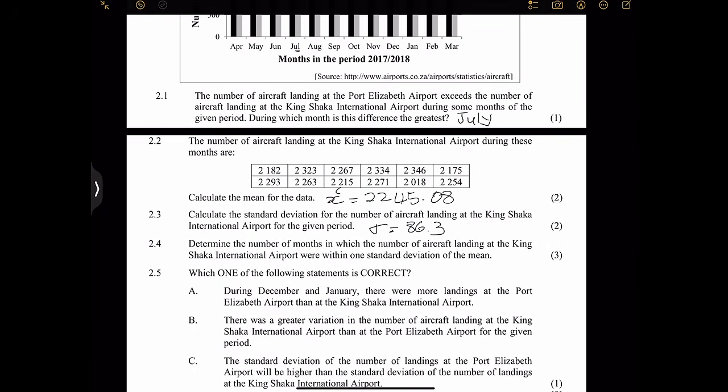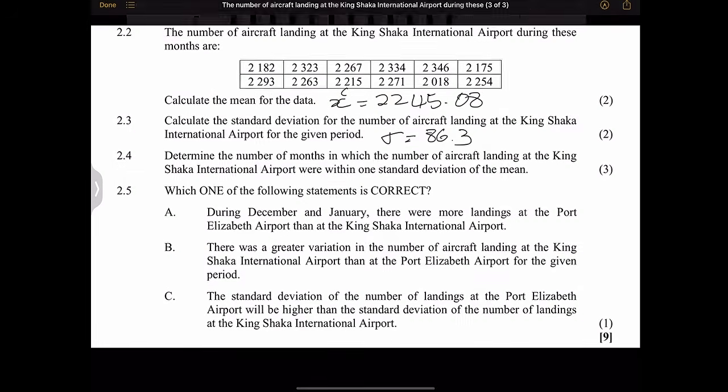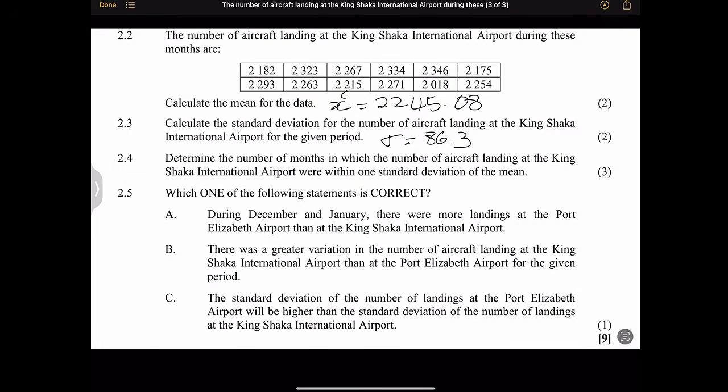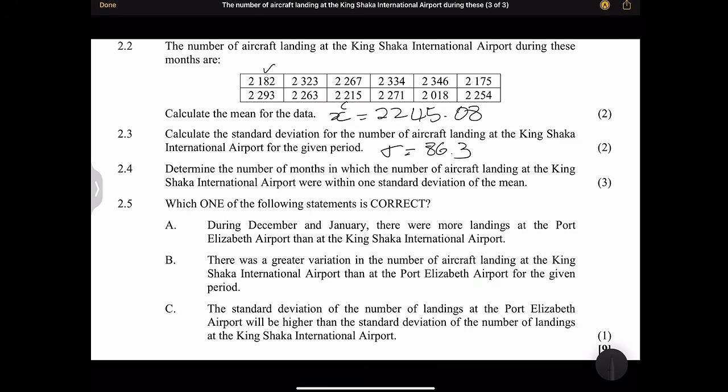So let's see, 2182, is it between 2158 and 2331? Definitely this one is. 2, 3, I think that's also within, definitely. This one is definitely within as well, 2, 2.